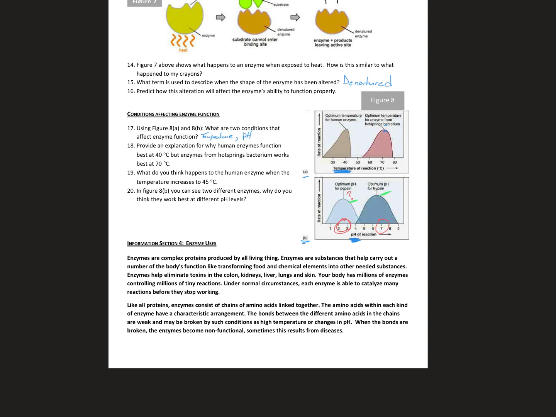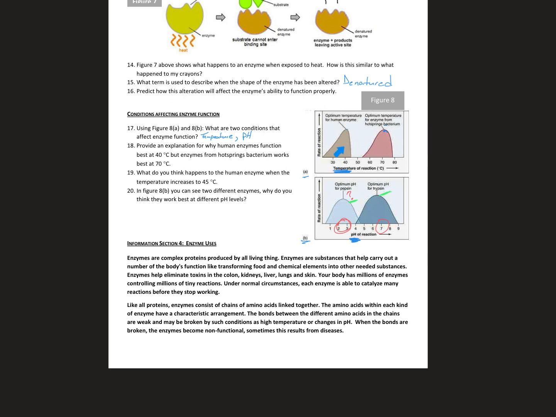Provide an explanation for why human enzymes function best at 40, but enzymes for hot springs work at 70. As I said earlier, this is where these hot spring bacteria live, at 70 degrees. Why would you expect it to have enzymes that don't work at this temperature? That wouldn't make any sense.